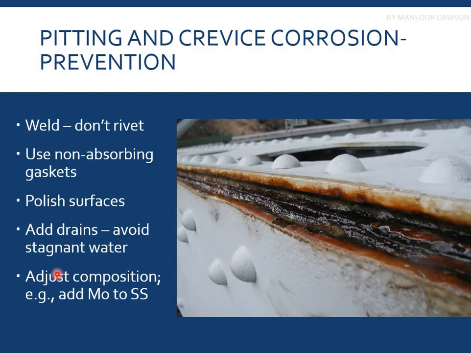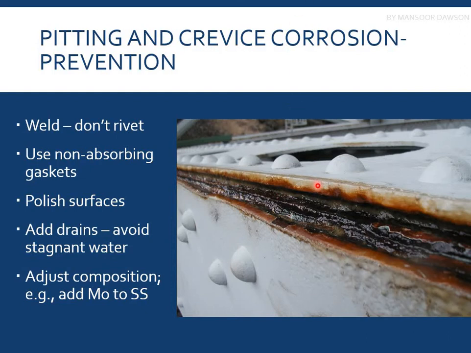You should add drains in order to drain out the water or the corrosion medium. Or you can add corrosion inhibitors while maintaining the chemistry of the alloy. You should add molybdenum. You can also add vanadium and manganese in your metal to increase the corrosion resistance of your part.